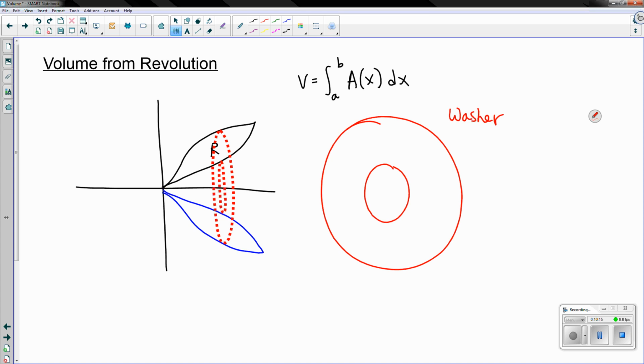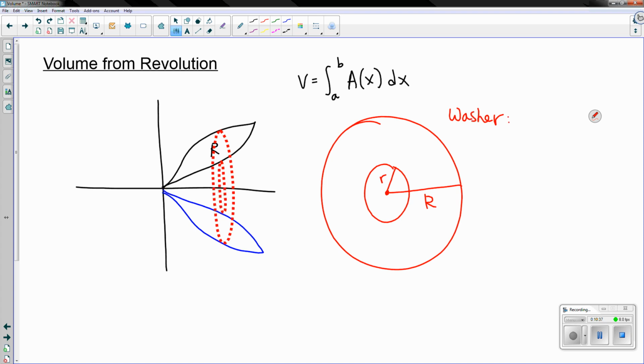And to calculate the area of a washer, what we're going to do is calculate the area of the circle on the outside and then subtract the area of the smaller circle within. Knowing that areas of circles depend on radius lengths, we're going to call the distance from the center of our washer to the exterior circle capital R, and then this is lowercase r.